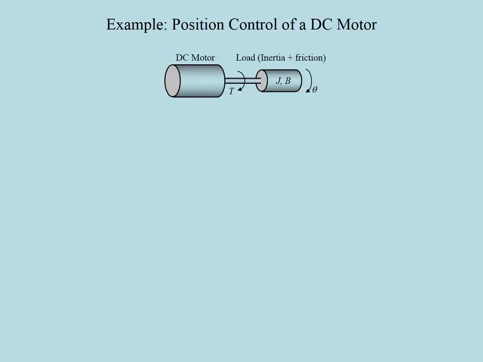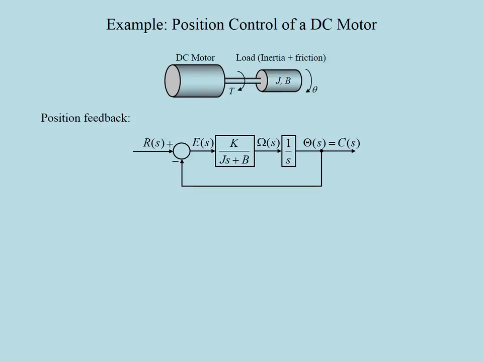As an application of what we have seen about second-order systems up to now, let us consider again the position control of a DC motor. Remember that we had an amplifier and a DC motor in the feed-forward path, and the loop was closed by a unity feedback.